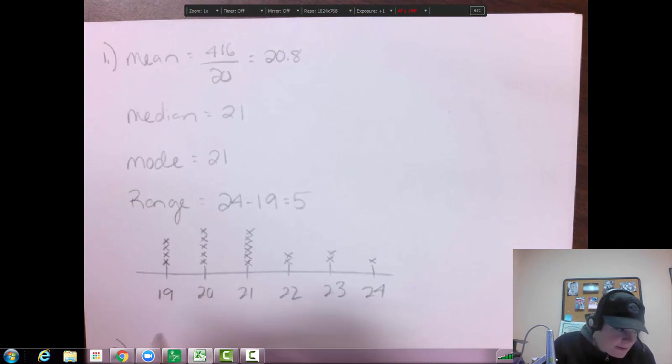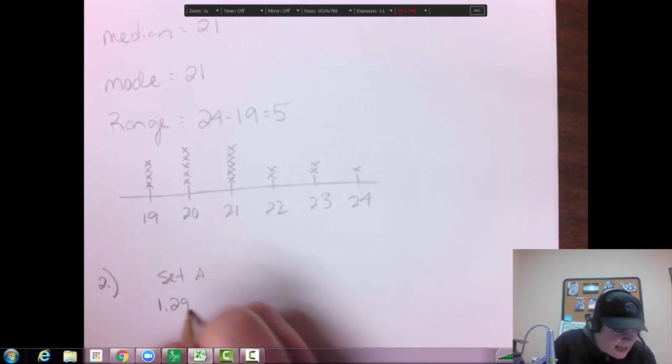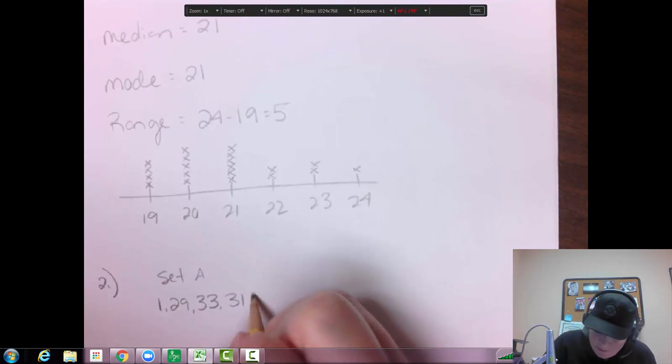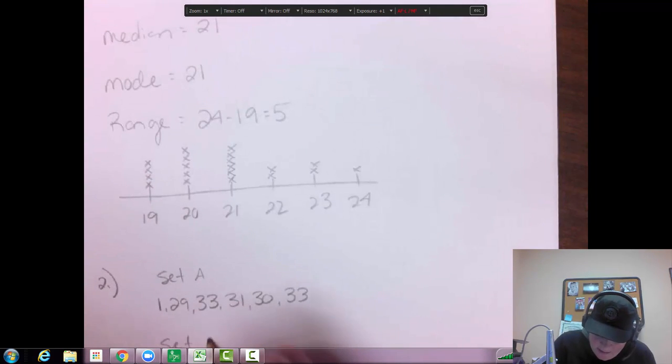Let's look at a problem, or 2 different little sets of data here. Set A has 1, 29, 33, 31, 30, and 33, and then set B has 8.2, 9.3, 8.5, 8.8, and 9.0.